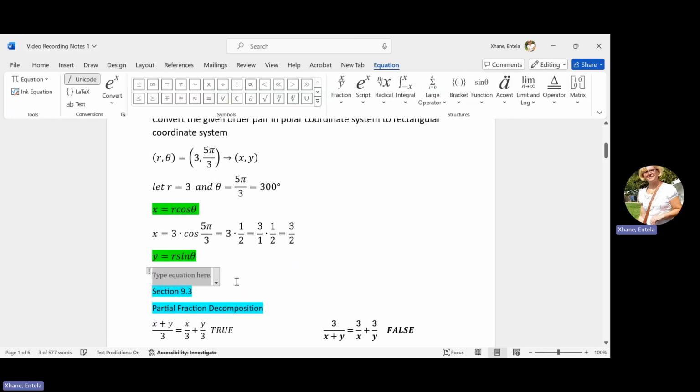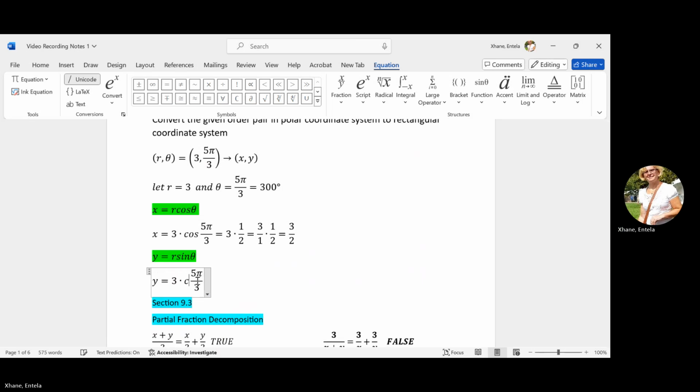To find the y coordinate, we multiply r, which is still 3, by sine of 5 pi over 3. The numerical value of sine of 300 is the same as the numerical value of sine of 60, which is square root of 3 over 2.